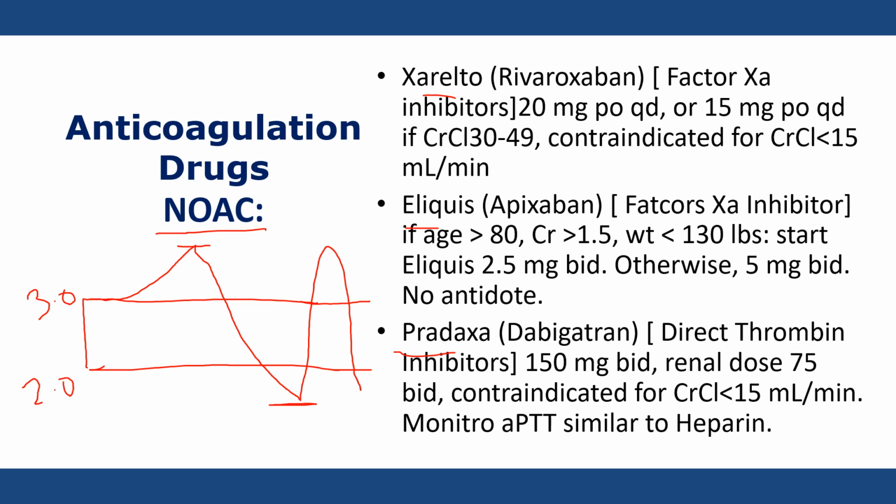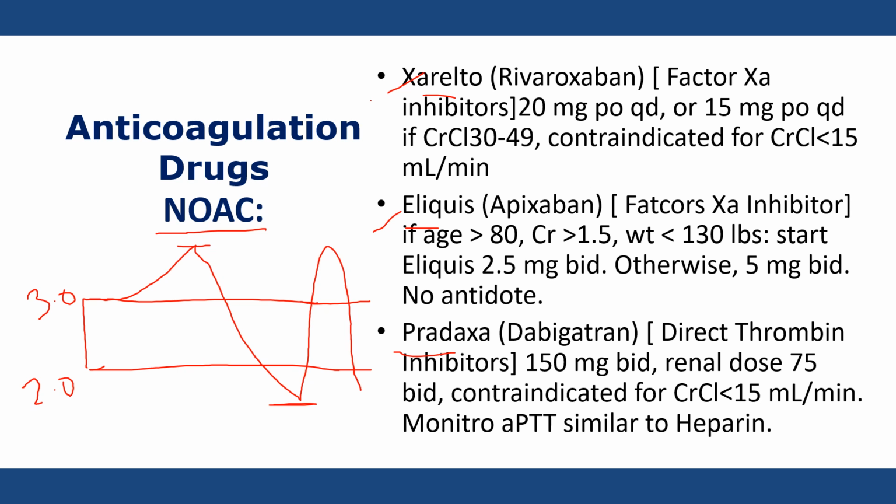And there are some patients who may not be a good candidate for warfarin, maybe because of not being able to do lab work that frequently. If I want to monitor on a weekly basis, maybe lack of transportation, or just not practical for those patients to be on warfarin. So now we have options for those clients. So there are three options. I have so many patients on Xarelto now, and even for Eliquis, for DVT and so forth.